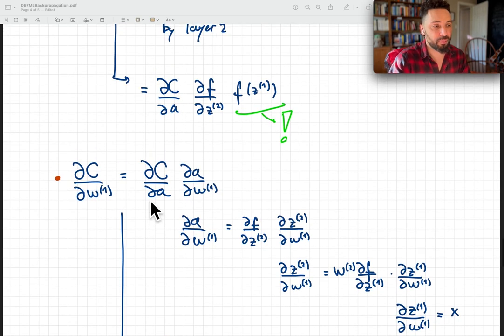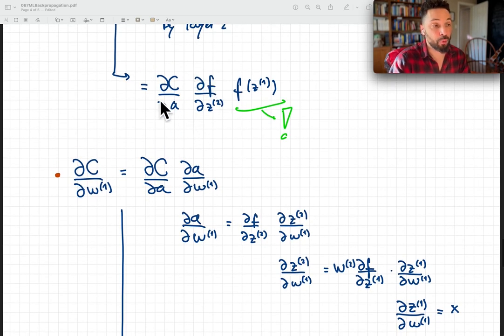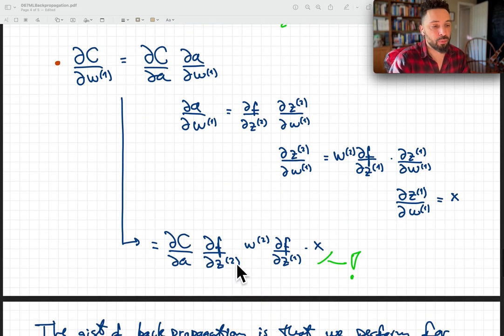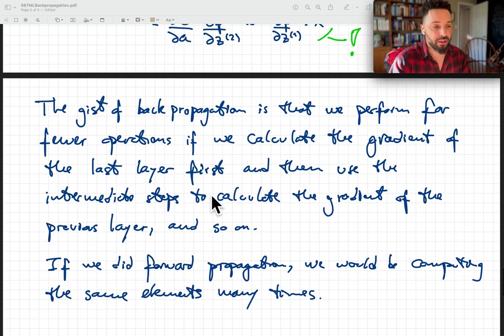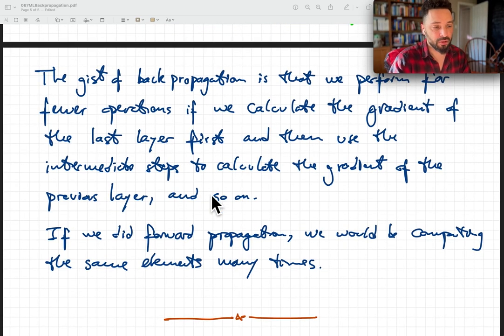So the best way to proceed is to go backwards. So you use this, and then you accumulate the next product to calculate the next layer, and then you keep accumulating those results into a big product until you get to the first layer. And that's how you calculate the gradient all the way to the first layer.